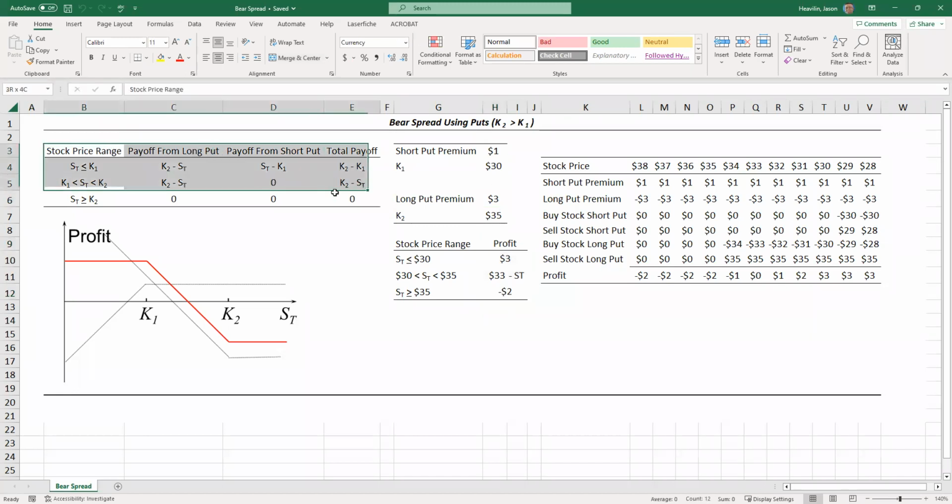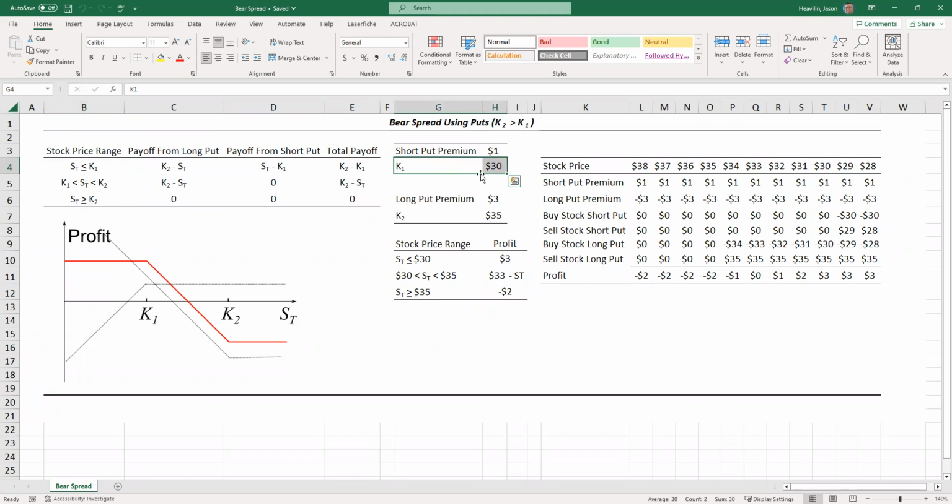Let's start talking about this table then. Once you go ahead and short a put and long a put, meaning that you will buy the put here and sell the put here, these are the potential outcomes. You can be in a scenario where the stock price in the future is less than or equal to K1, the strike price of the put that you are shorting.